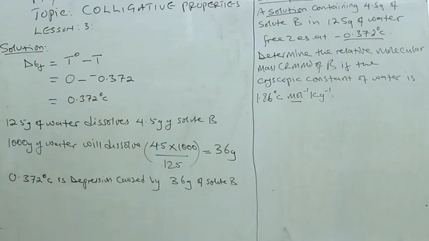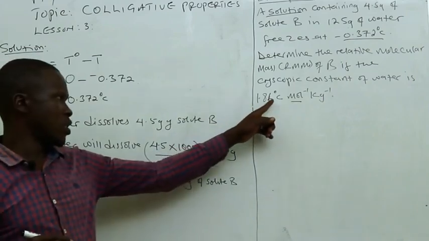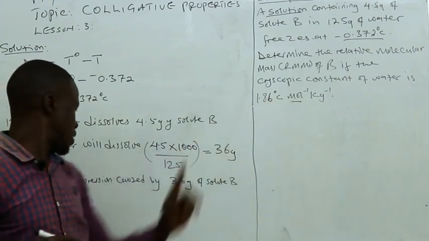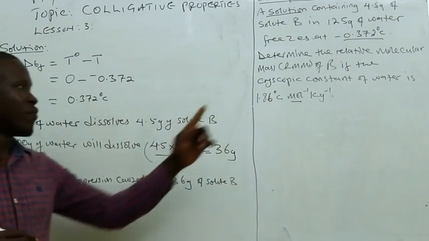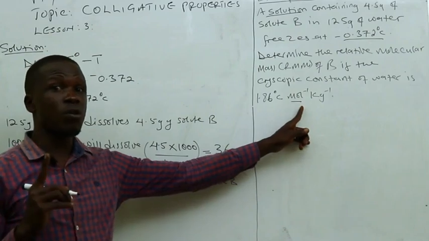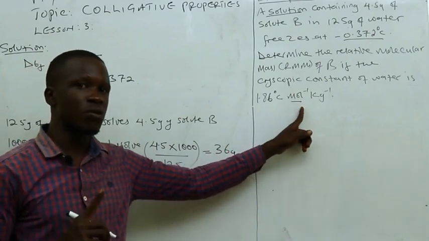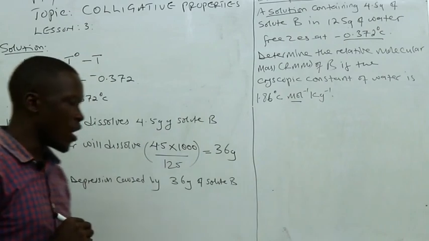So now 1.86 degrees Celsius is going to cause for 1 mole. And 1 mole weighs a mass equal to relative molecular mass.